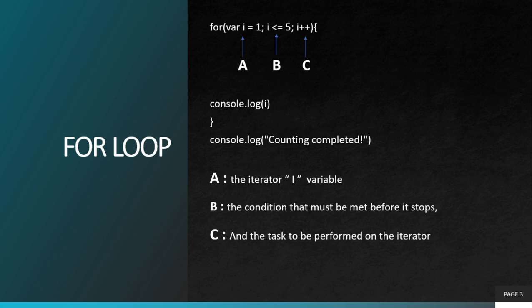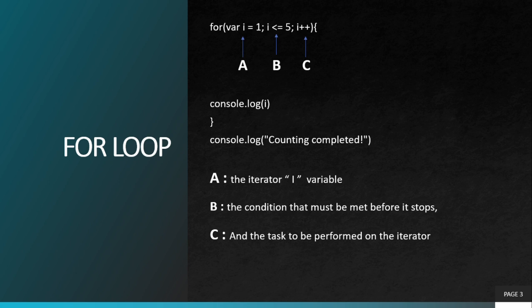So basically, this is how the code snippet for a for loop looks like. The while loop varies slightly, in the sense that the variable is declared outside of the while loop snippet, while the increment, that is the task performed on the iterator, is called inside the body.